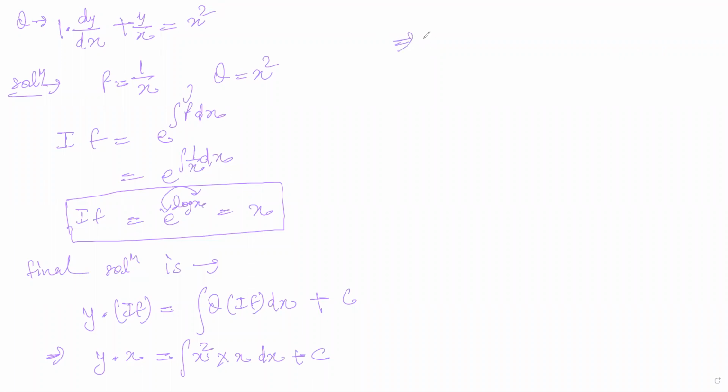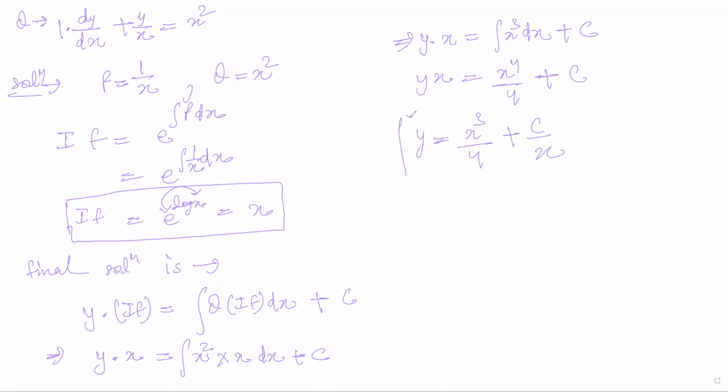This becomes y into x is equal to integration of x cubed dx plus c, so x to the power 4 by 4 plus c. The final answer, your general solution for the given differential equation, is y is equal to x cubed by 4 plus c by x.